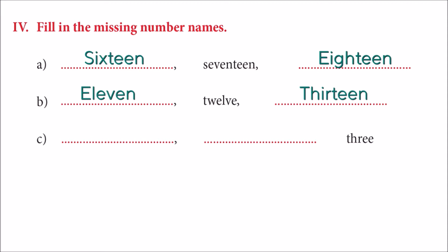So they have given us the number THREE, 3. So what is the number name that comes before 3 and before that? So before 3 is TWO, 2, and before 2 is 1. Very good. So ONE, 1, and then comes 2 and then comes 3.